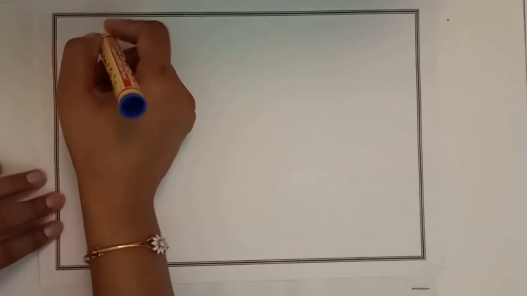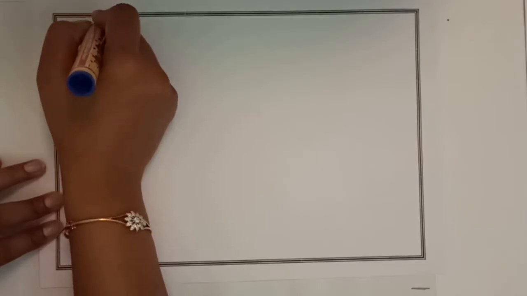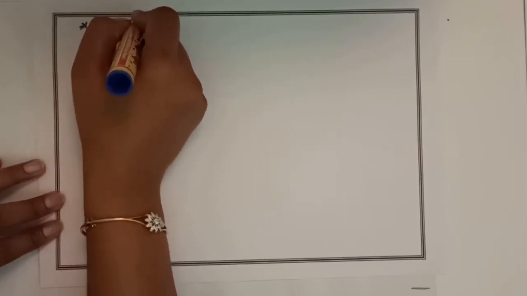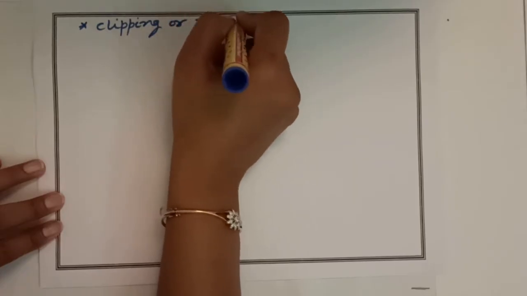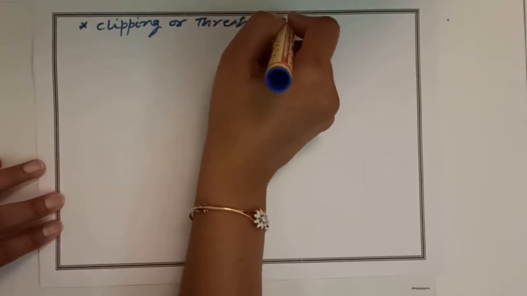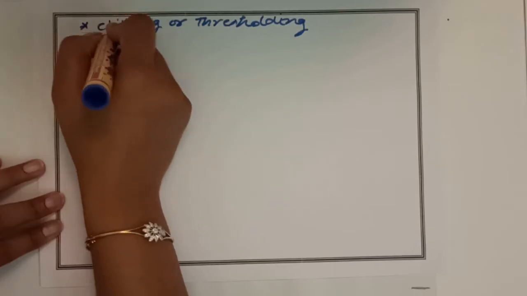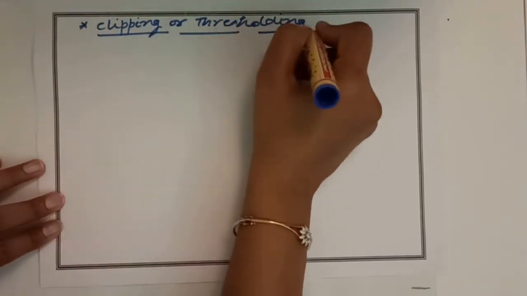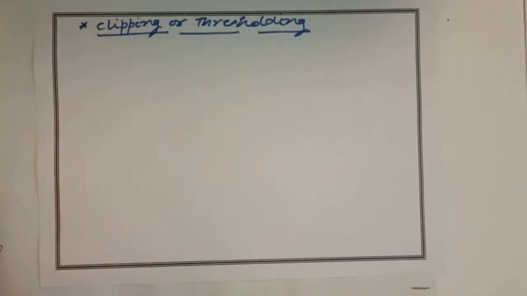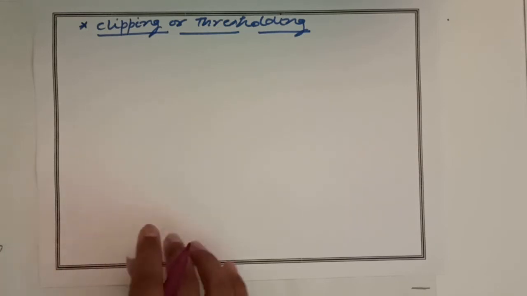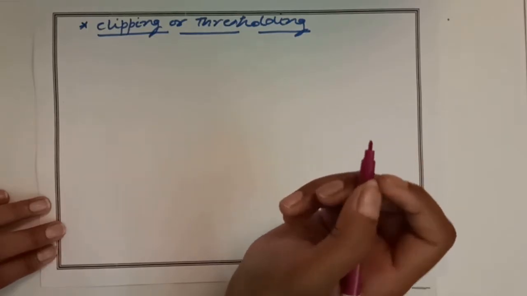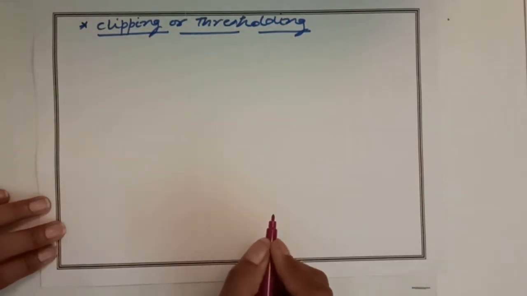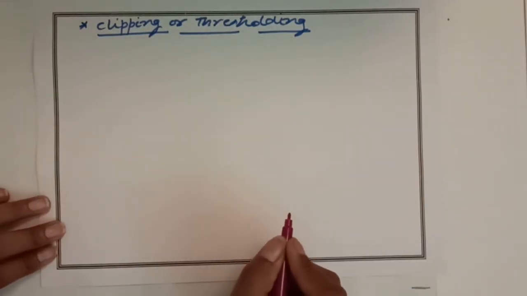Next function is clipping or thresholding. What is this? Low contrast images can be enhanced by simply cutting off very light and very dark areas.